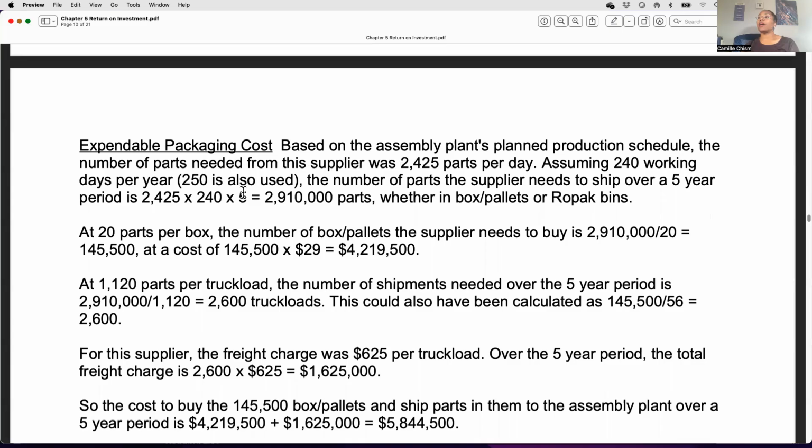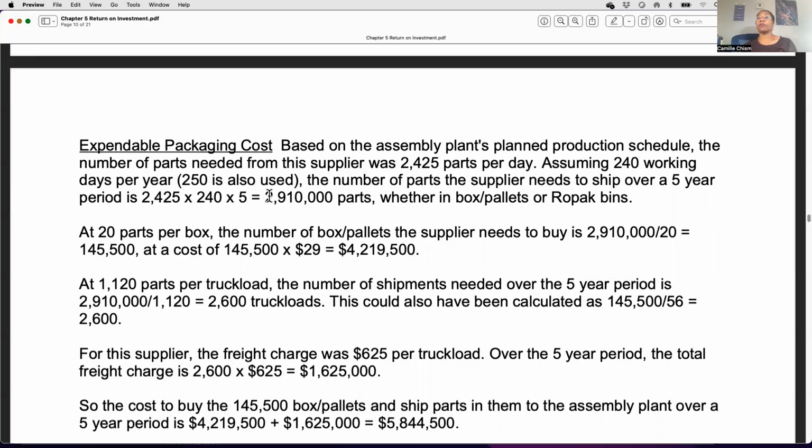They're using 2,425 parts per day. So this tells you how much you're using over a year: 2,425 parts per day times 240 days in a year. That tells you how many they're using in a year. But we know for this scenario we're calculating 5 years, so we're going to multiply that by 5.